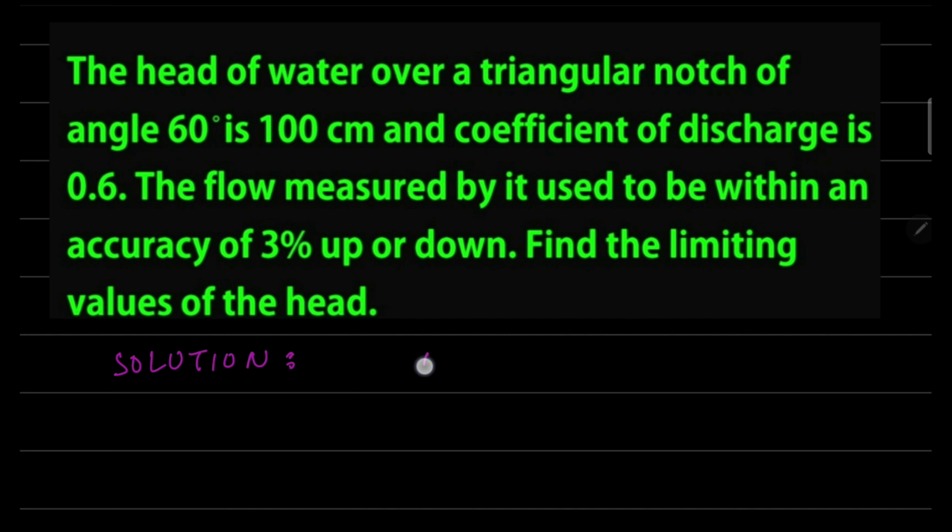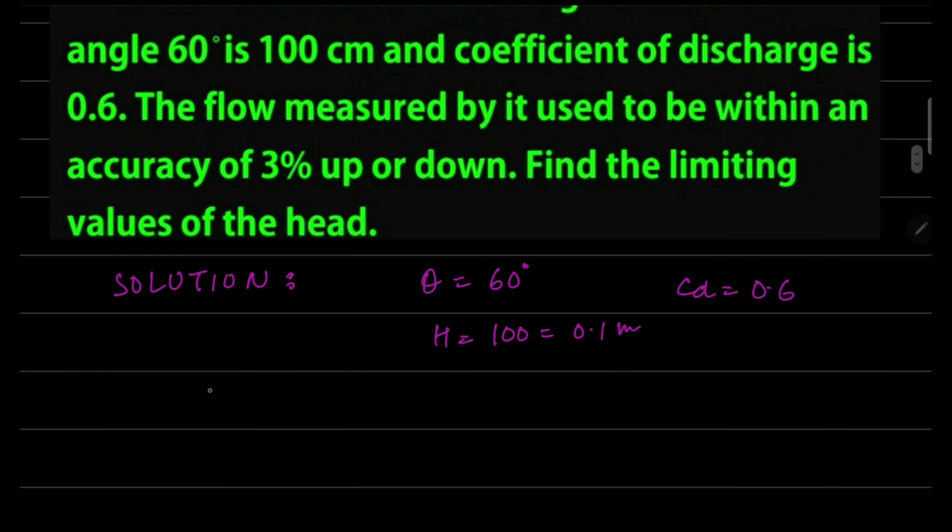So theta value is given, that is 60 degrees. H is 100 centimeter, that is 0.1 meter, and CD is 0.6. The error which we are allowed in the measurement of discharge is 3%, that is dq by q is equal to 3%.